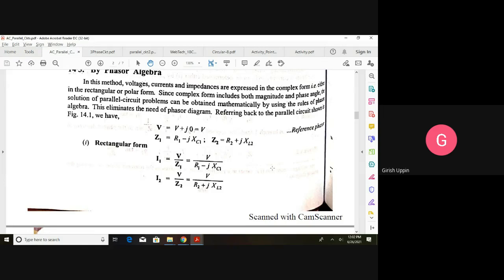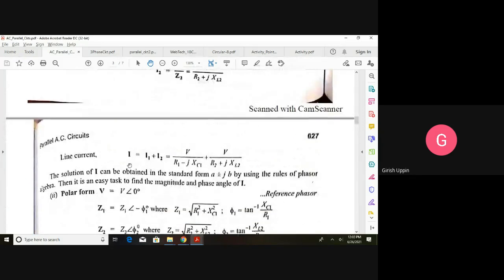You just have to see your manual for how to operate that. Attach that so it will make it a complex number. Then give the imaginary part, that is the value of XC, close the bracket, and if you press equal, it will give the division of that complex number. That is how you can find I1. Similarly, I2 is V by Z2.